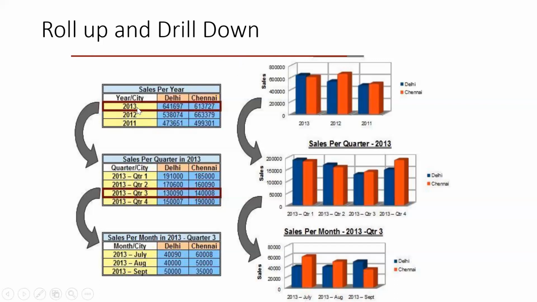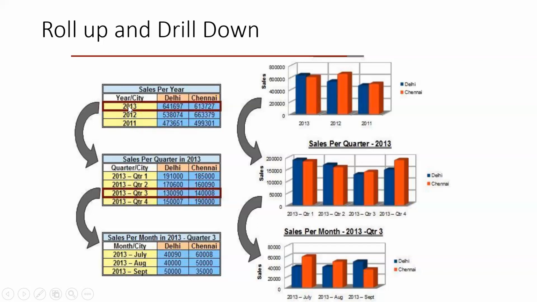So, just like roll up, first of all, I'm going to drill down. The first chart, this is a list report and this is a bar chart over here. Over there you can see it's year-wise sales for particular cities, Delhi, Chennai. This is a hierarchical dimension, the particular time dimension, year 2013.